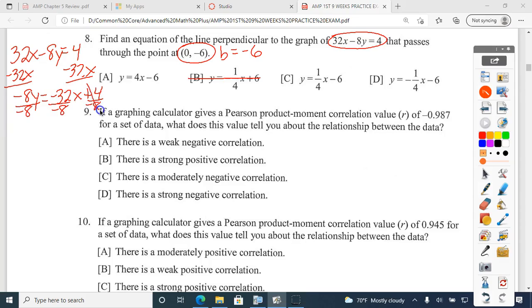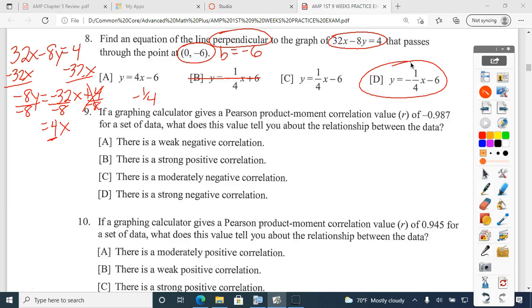I don't really care what this is. I only care about the slope. So that is 4x. The question says perpendicular. So if 4 is my slope, I need negative 1/4 to be the slope of my equation. So that leaves me with choice D, okay? Choice D, because it's the only one that has negative 1/4 for the slope and negative 6 for the y-intercept.